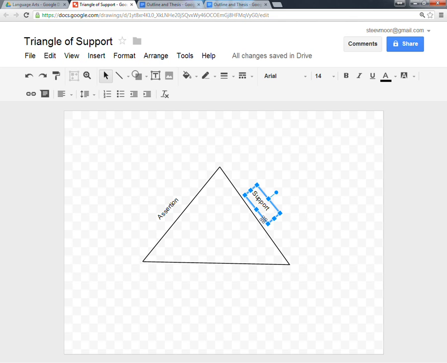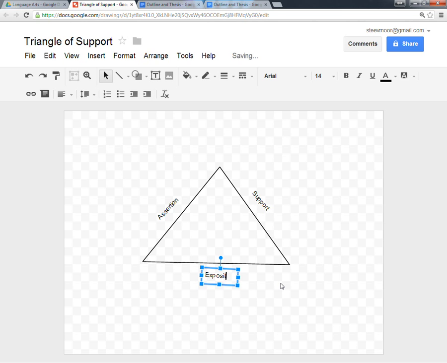And then along the bottom we're going to have the interpretation, or we'll call this the exposition.